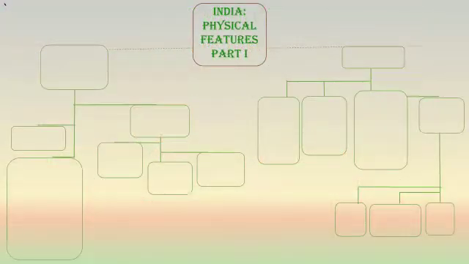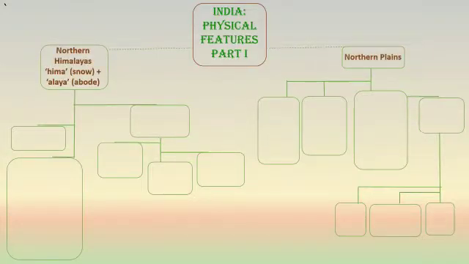Okay students, let us quickly revise with the help of this mind map. India, Physical Features Part 1. Northern Himalayas, Northern Plains. Hima means snow, Alaya means abode. Together Himalaya means the abode of snow. It is present in the northern part of our country.